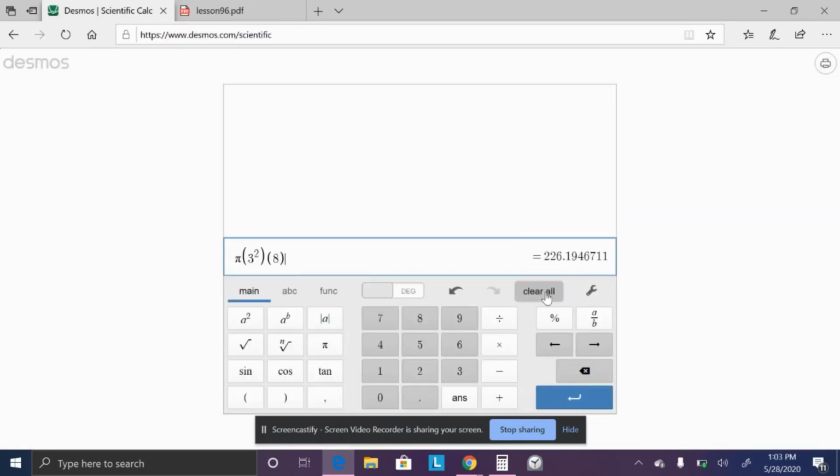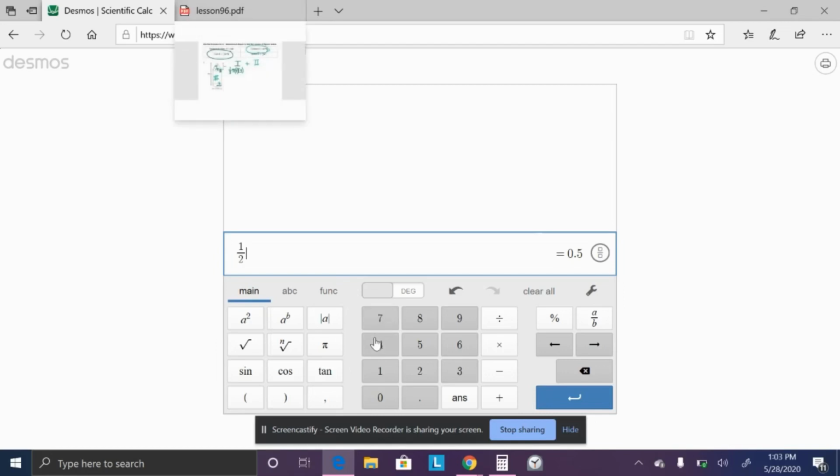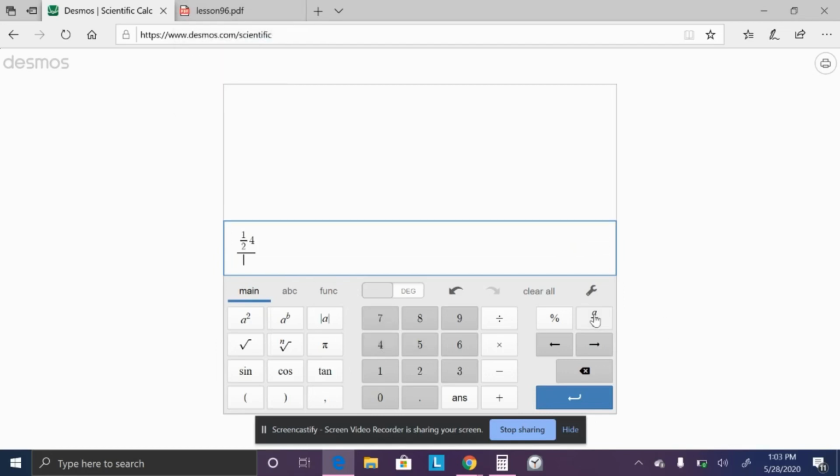Back to our calculator. 1/2, put next to it 4/3. Maybe I should put that in parentheses.